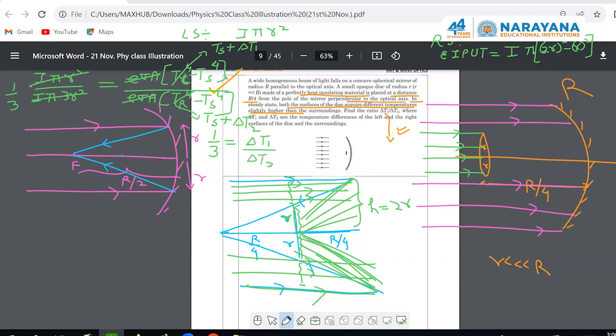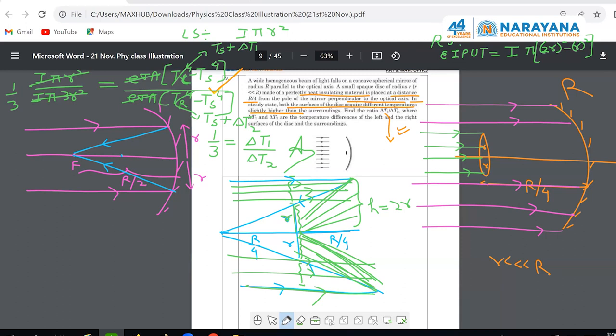So that will also be the answer to the question: the ratio delta T1 to delta T2 will be 1:3. I'm assuming this aperture height to be large enough, anything greater than twice small r. Because small r is given to be very small, whatever I have said here is perfectly fine under those conditions. So no need to further analyze this problem.